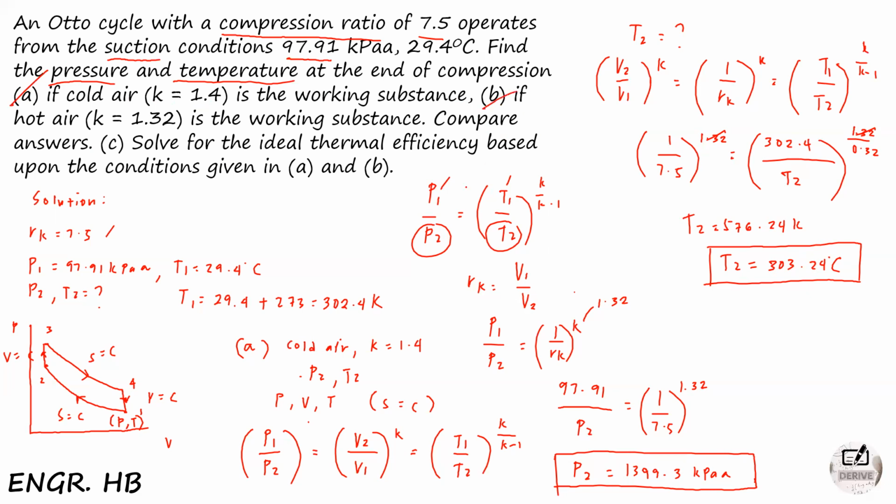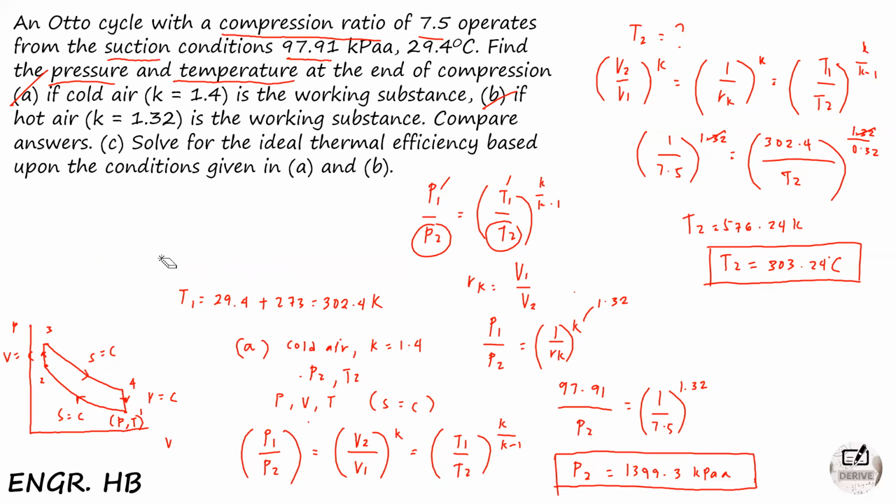Okay, so we already solved the A and the letter B. So ang natitira na lamang is ideal thermal efficiency based upon the conditions given in A and B. So we're going to remove just a little portion banda rito in order to not erase the whole scenario. Kasi meron naman tayong shortcut formula. Okay.